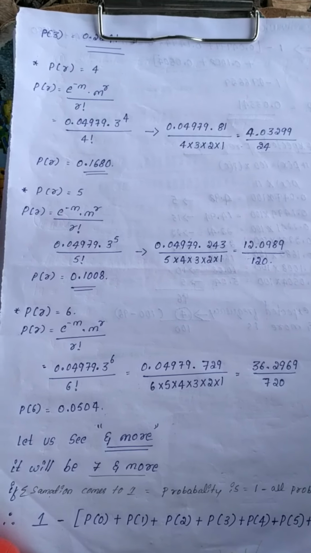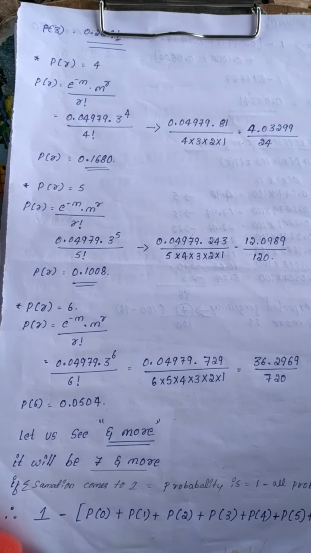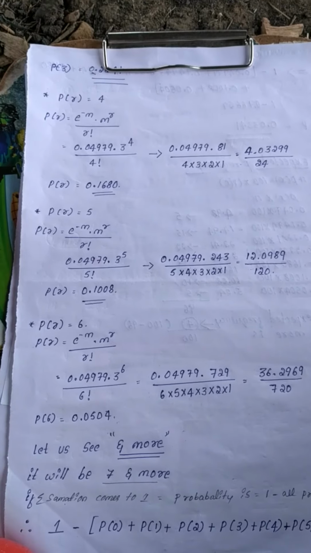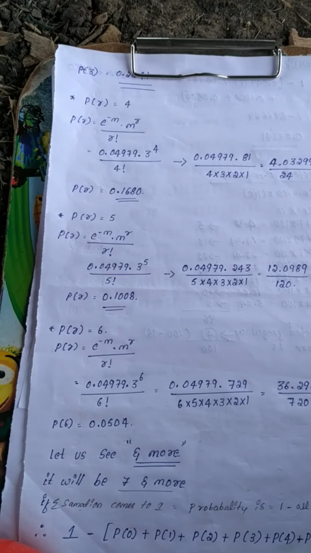The p of 6 is 0.0504. We can calculate all the Poisson probabilities.